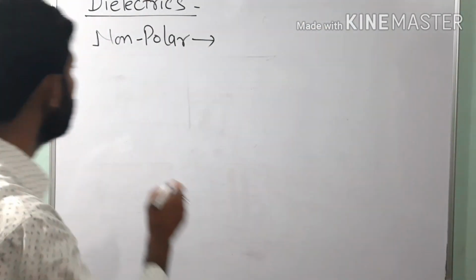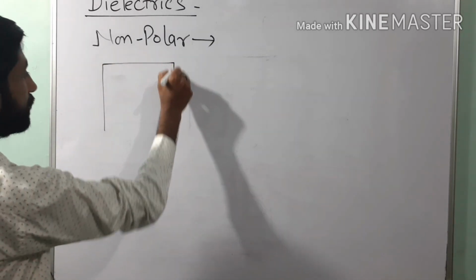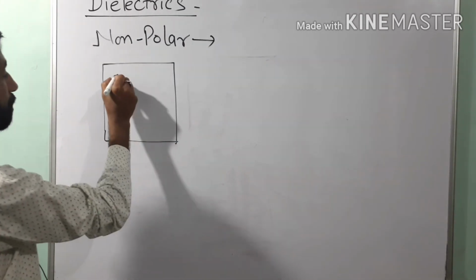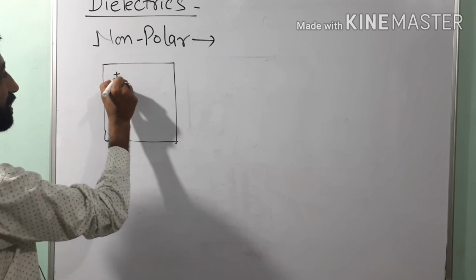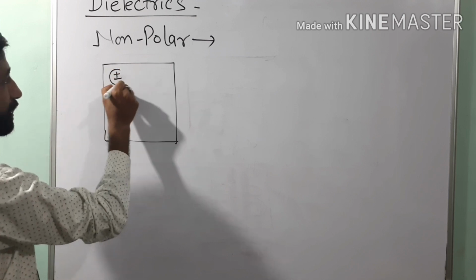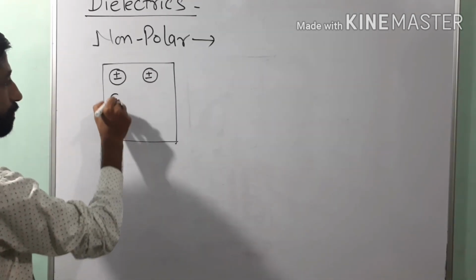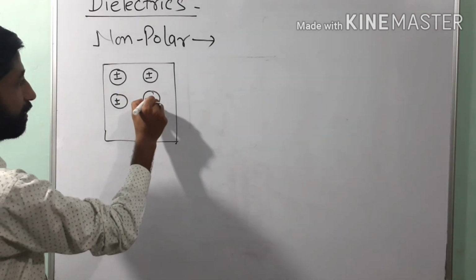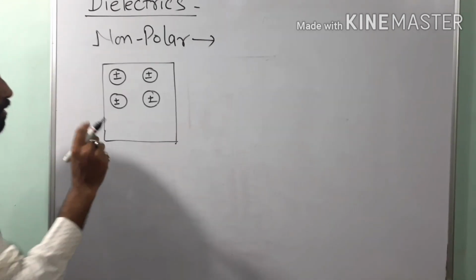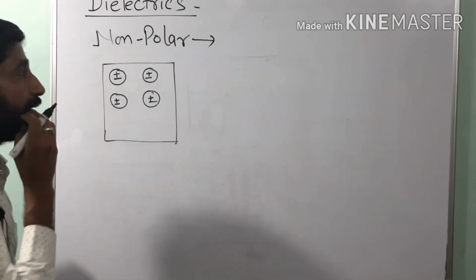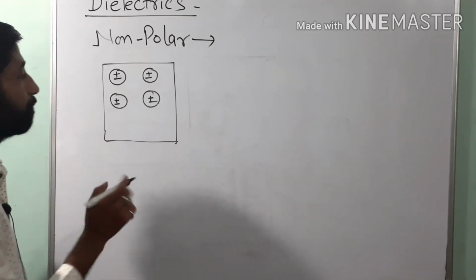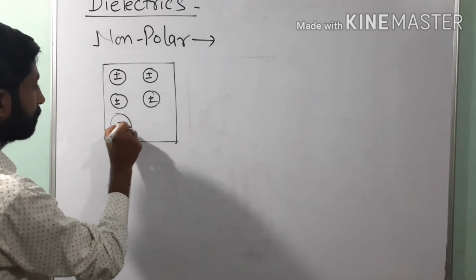Okay, so imagine this is a single piece, this is plus and minus. This is one single molecule. Again, this is one molecule. These are molecules whose positive and negative charges are lying at the same point, or you can say coincide.